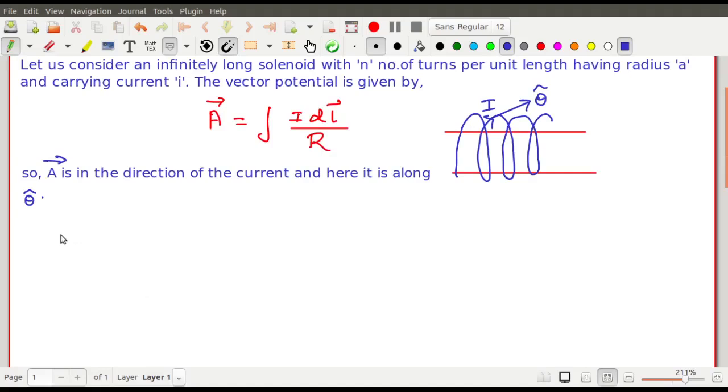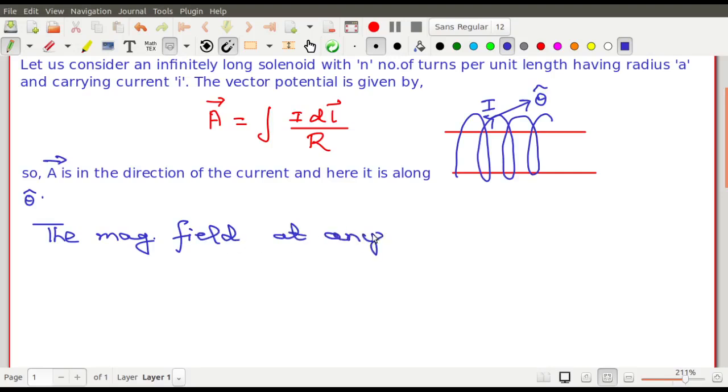The magnetic field at any point inside the solenoid. This is a long solenoid.